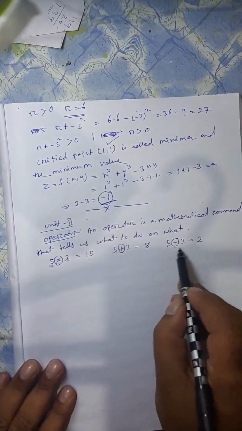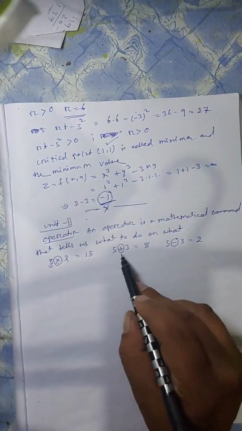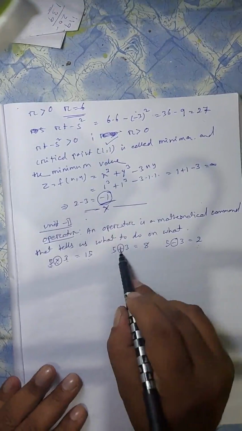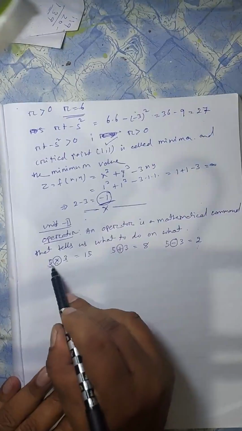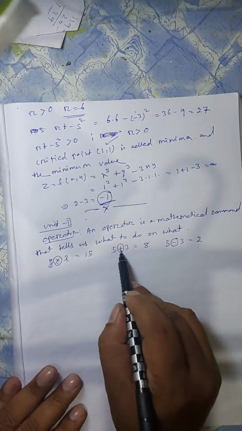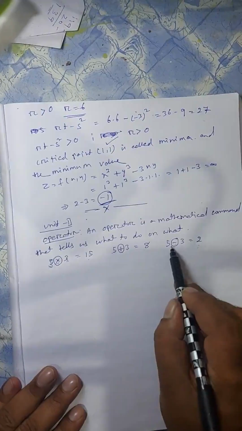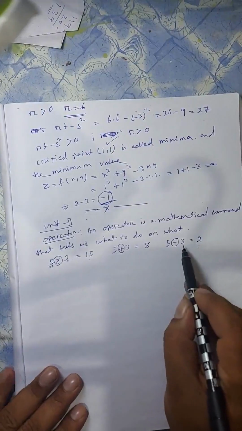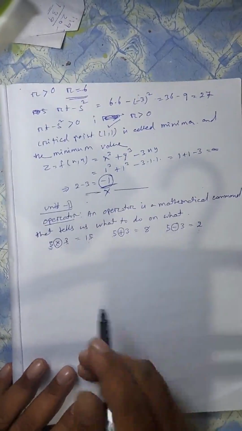If we subtract these two numbers, we get 2. That means the operator tells what to do on what. The multiplication operator tells us to multiply these two numbers, the addition operator tells us to add the two numbers, and the subtraction operator tells us to subtract these two numbers. This is the operator we can read.